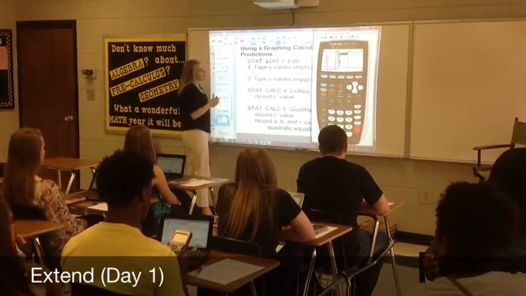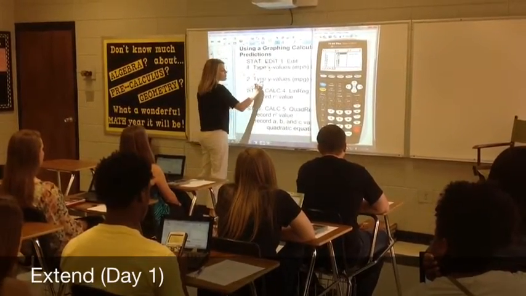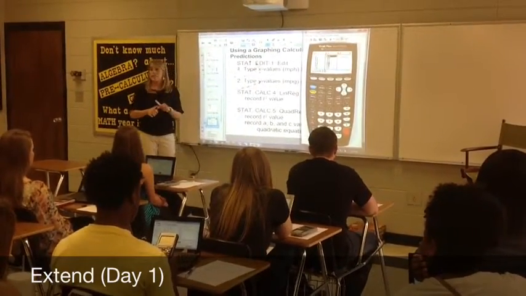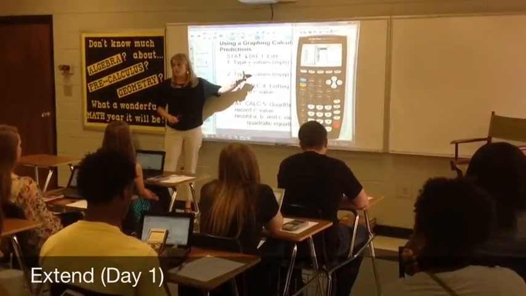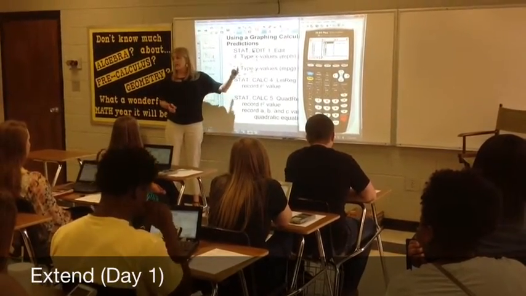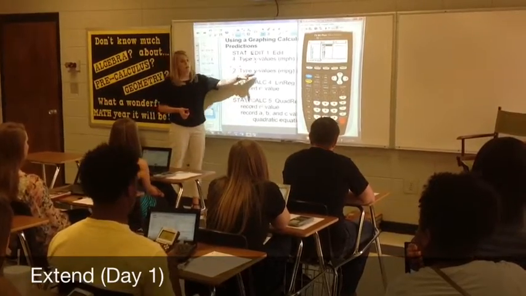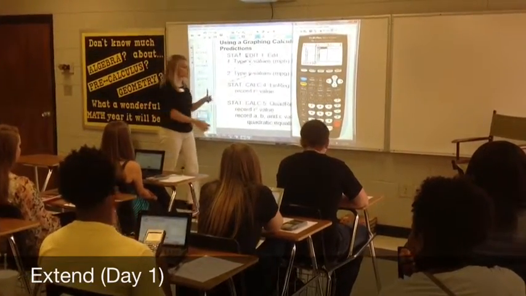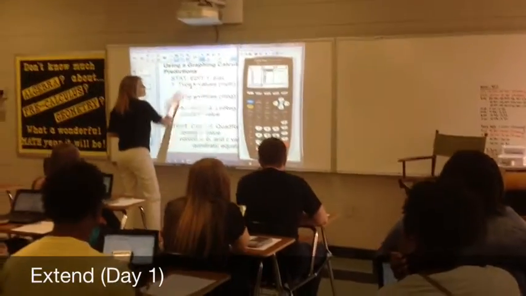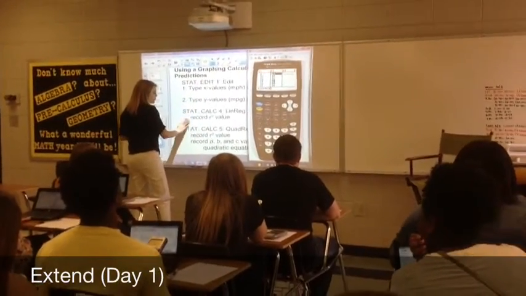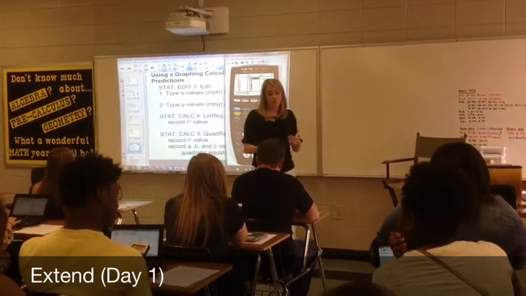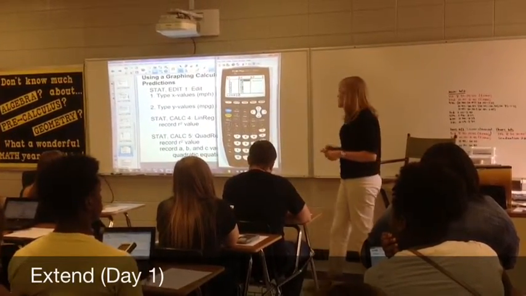If you were to draw a line straight through those, and it's going to intersect all four of those points, your R-squared value is going to be very close to 1, if not exactly 1, because those are right on that line. So the closer your R-squared value is to 1, the more efficient your line of best fit is. Your calculator finds your R-squared values for you. It's nothing that you have to calculate on your own.